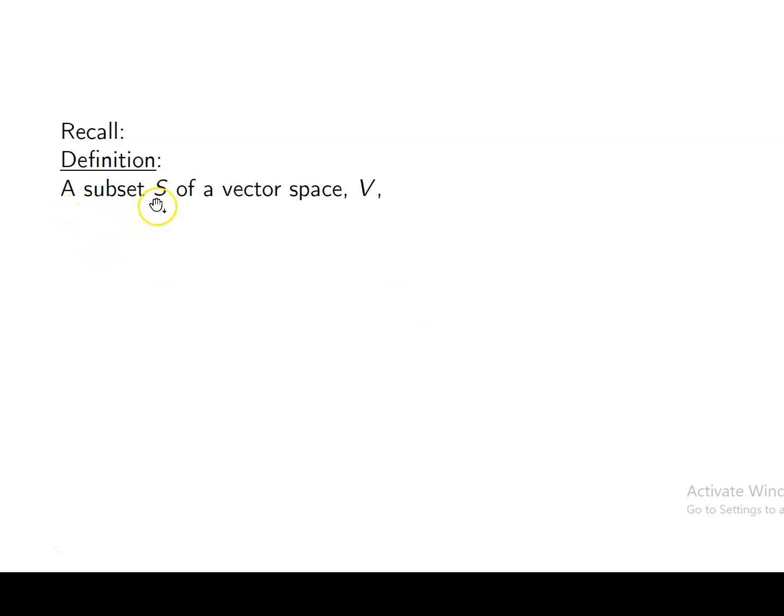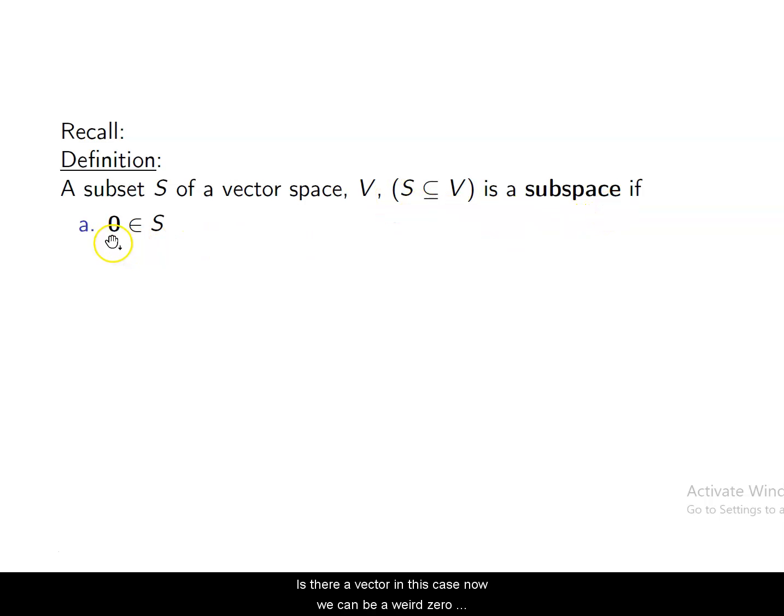So let's recall our definition of a subspace: if we have a subset of a larger set which constitutes a vector space. So again, here, this is a set of objects that satisfies those 10 axioms. If we take a subset of those, S a subset of V, then S is a subspace if the zero vector, in this case now it can be a weird zero vector, before it was always just all zeros.